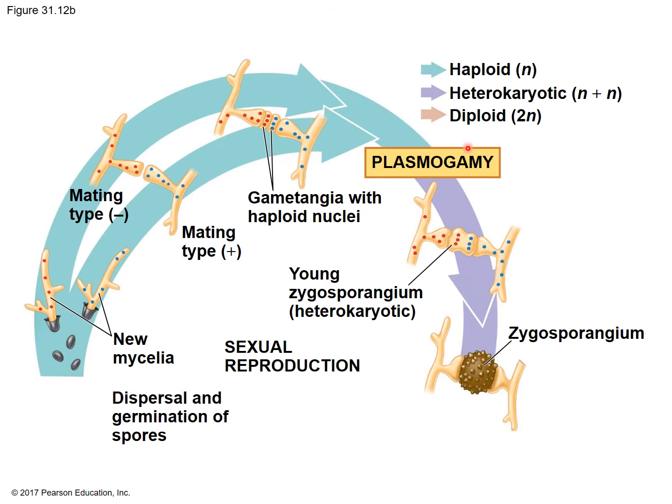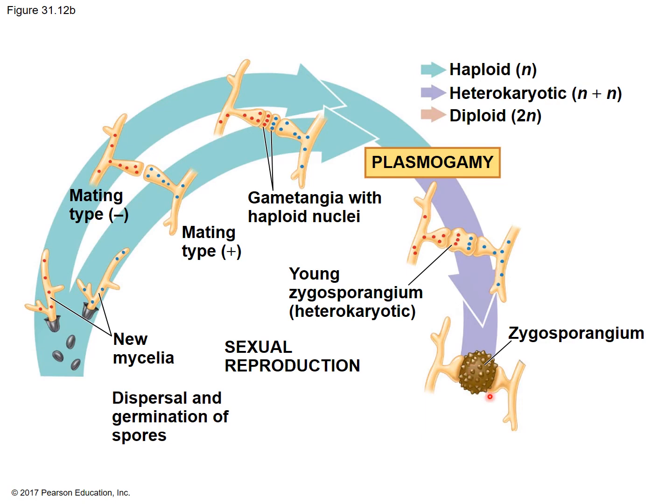Once the hyphae fuse, that means plasmogamy has occurred. You can see there are multiple still haploid nuclei within this cellular structure. This is called the heterokaryotic stage. During this stage, it is going to mature into what's called the zygosporangium, which is specific to zygomycota.